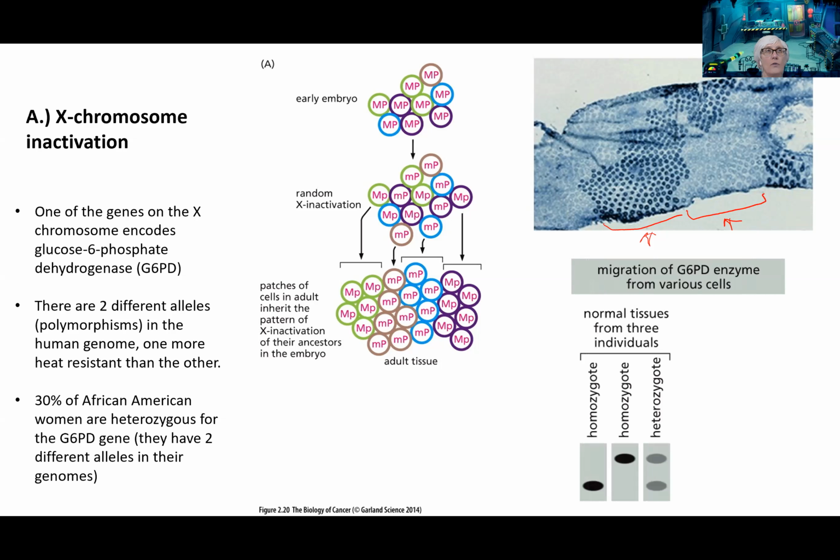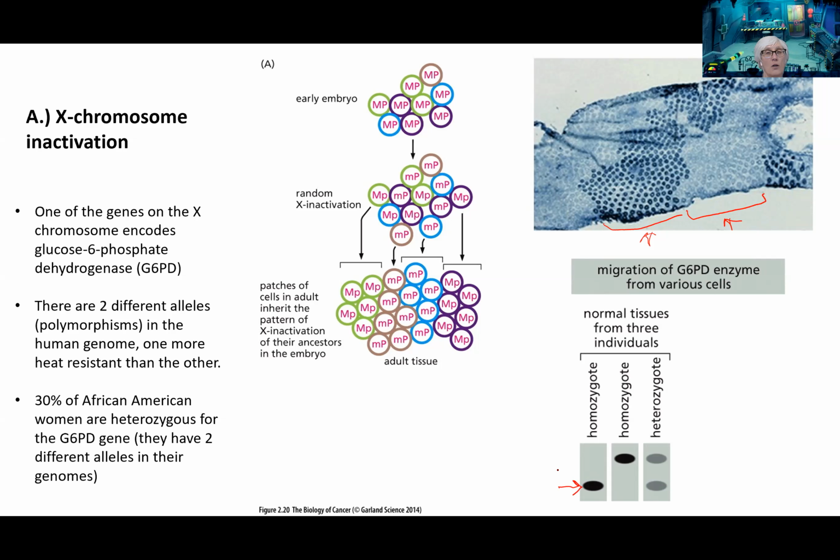So for those of you who've had biochemistry or other courses where you've done SDS page, you know what this is showing. But for those of you who haven't, SDS page separates proteins based upon their molecular size. When we look at the left-hand lane here, we see what it would look like if an individual had one version, let's call this the heat stable form of the G6PD gene.